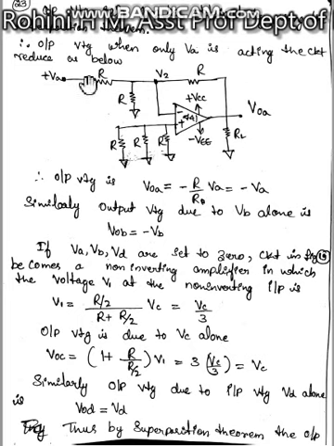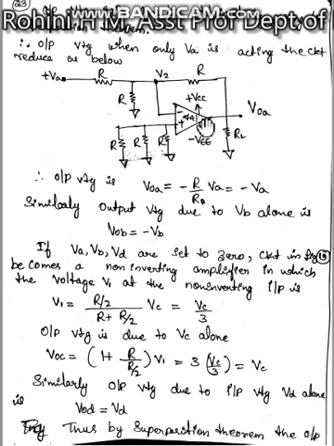In the first case we apply only VA acting alone, while VB, VC, VD are connected to ground. Hence the circuit will be reduced like this. These resistances are not used since they are connected to ground. So Vout is now as good as our inverting op-amp.